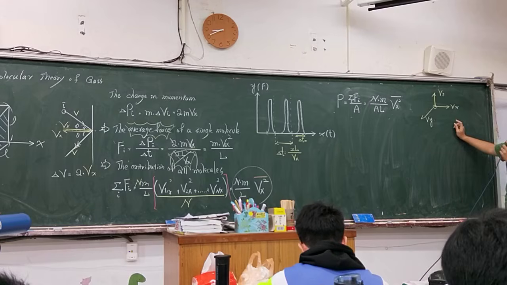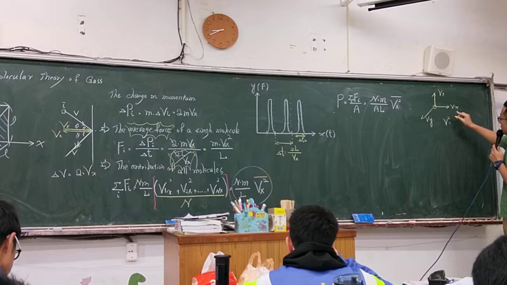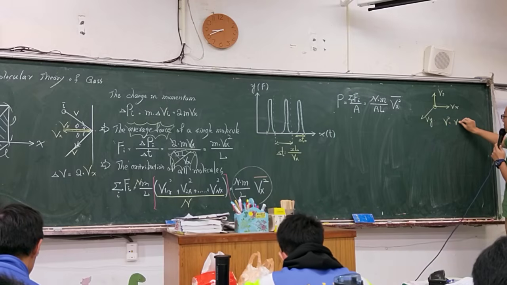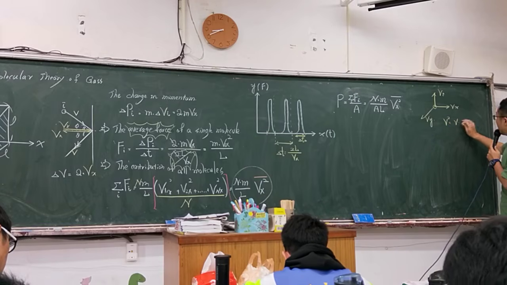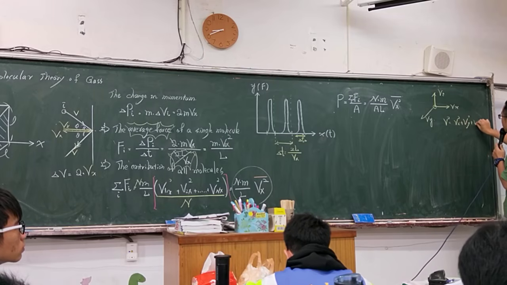And you square them all and add them together, you will have the real velocity, and you square it, it is equal to vx squared plus vy squared plus vz squared.